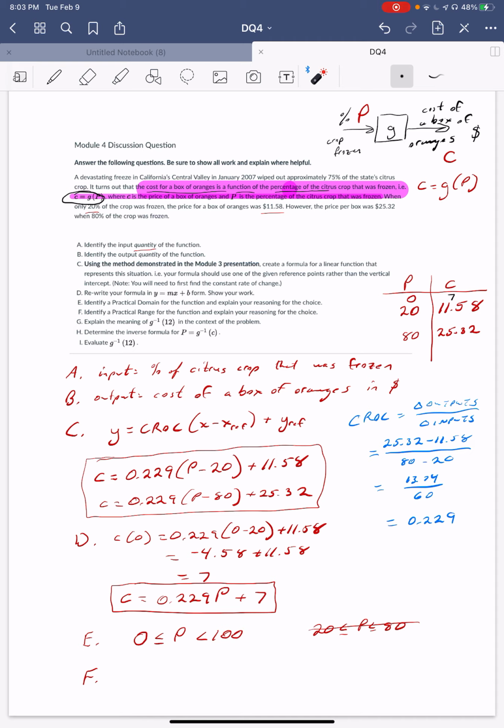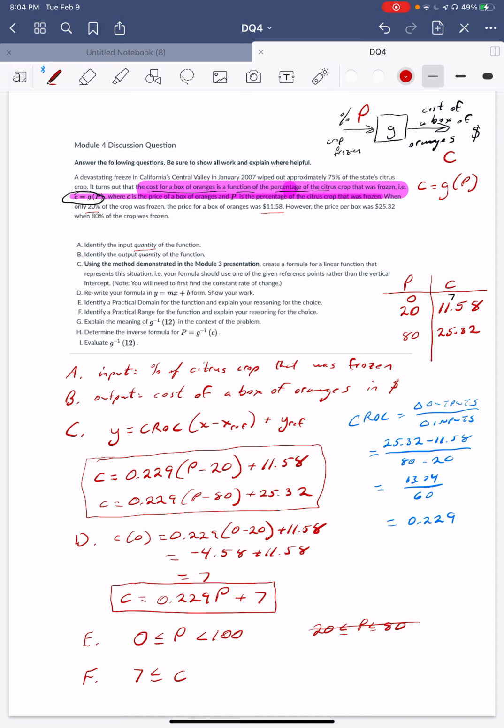My input values can only go between 0 and 100, so I need to find the corresponding output values that match that. Now, we already found out that if 0% of my crop was frozen, the cost of the box of oranges would be $7. And so it turns out that 7 is the lowest that my cost would ever be.